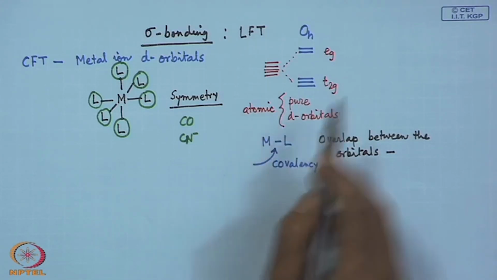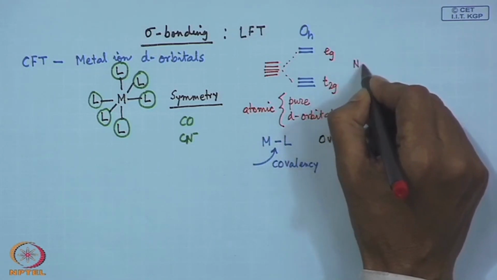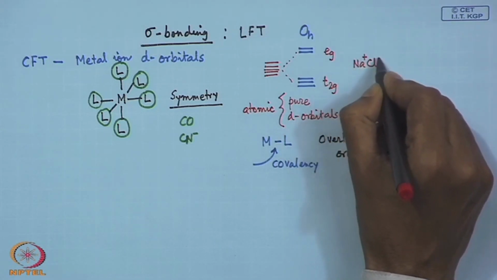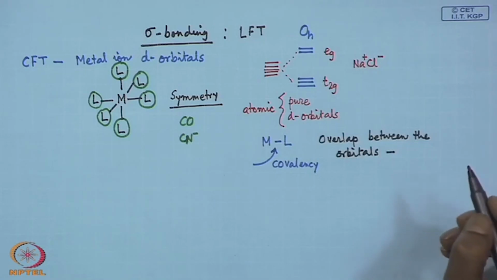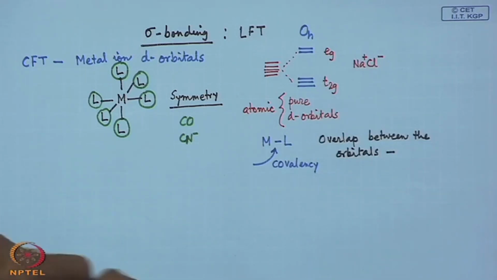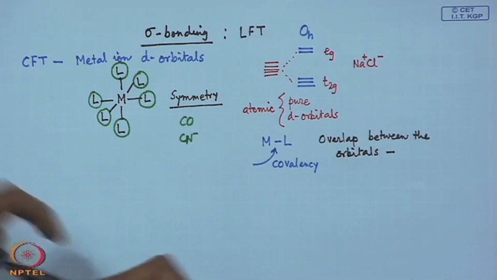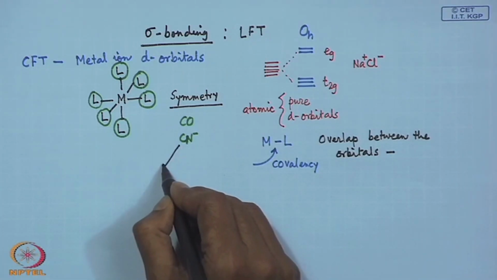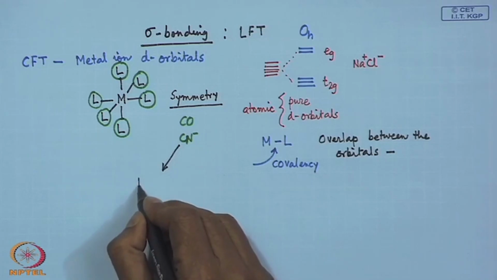So if we consider, instead of so many atomic orbitals only undergoing splitting, very similar to the splitting of different energy levels which we see in the sodium chloride crystal lattice, that molecular orbitals are slowly coming into the picture.